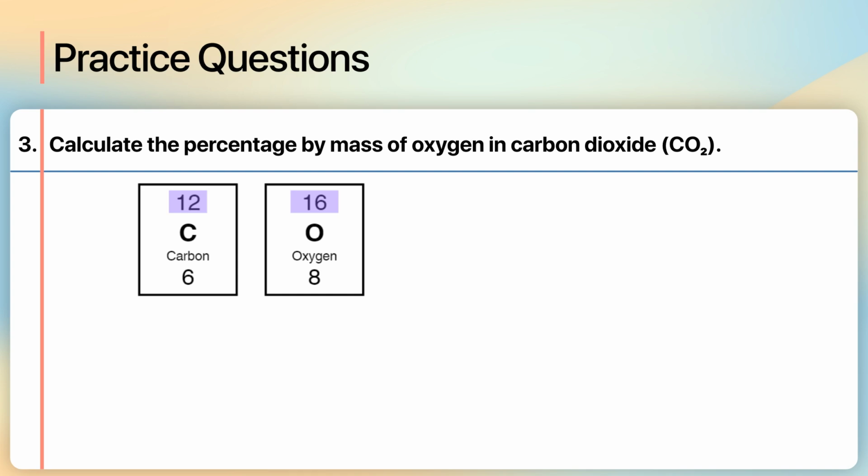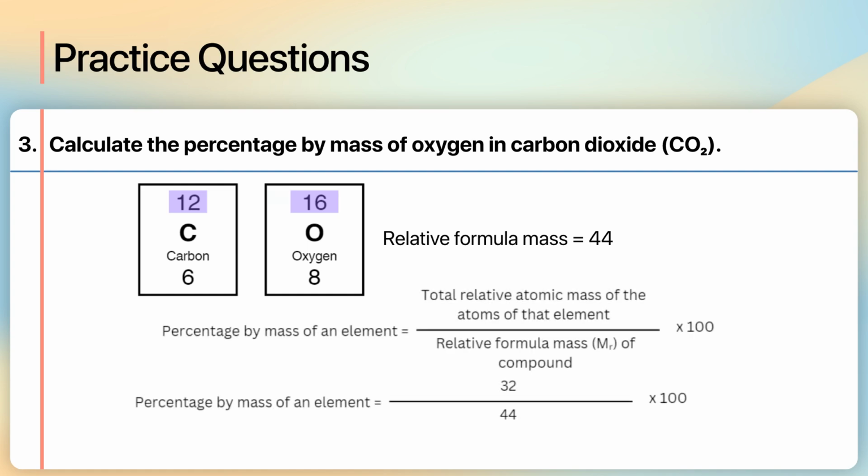This gives a total of 12 plus 32, which equals 44. To find the percentage mass of oxygen, we need to put 32, again since there are 2 oxygen atoms, over 44. 32 over 44 multiplied by 100 equals 72.72, which is approximately 72.7%.